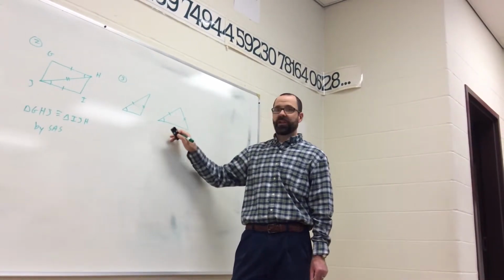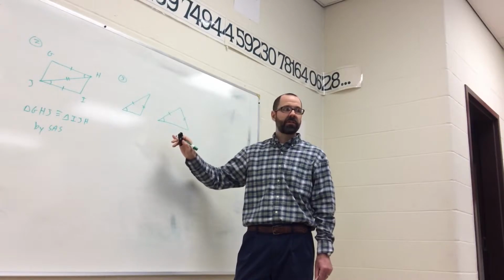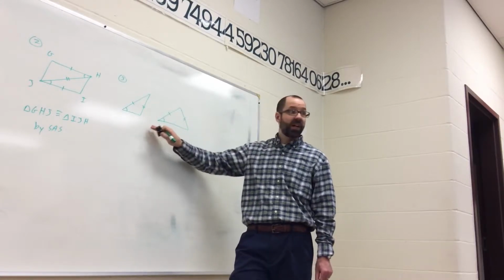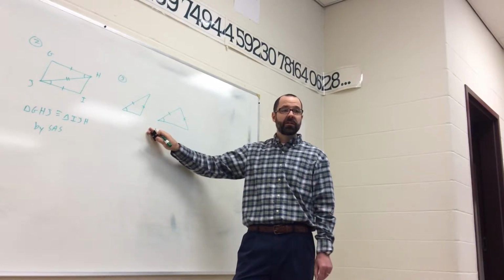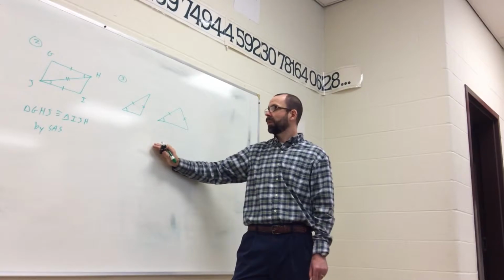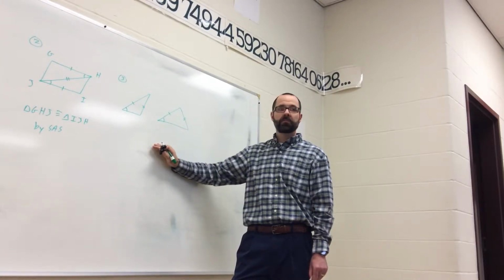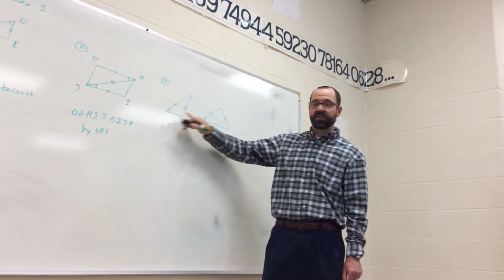Now, obviously, this triangle doesn't look like it's congruent to this, but we're supposed to go by the facts. Does side angle side work for this? Why not? Yeah, so you're saying you can tell that that angle is different than that one.